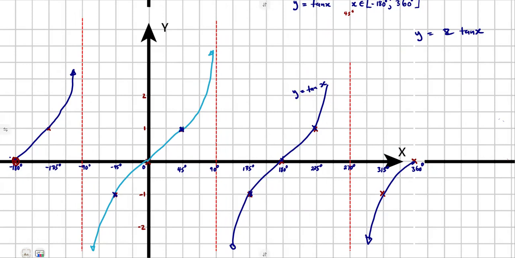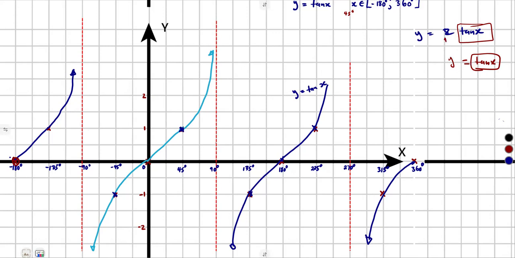This multiplies the output. If there is no other effect, we just take the graph of tan as it was. So this time when it is y is equal to 2 tan x, it was originally what? Tan x. The graph of tan x is just multiplied by 2. So what does it mean? The output values, you multiply them by 2. If it was at 1, you multiply it by 2.